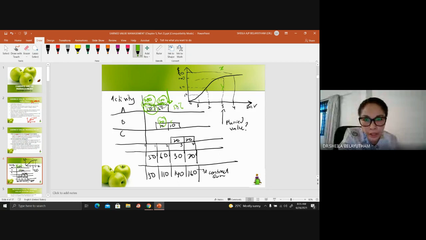So your progress will be 50% out of 100. So that is the earned value. The value that you've earned is only 50% out of the cost that has been budgeted for you.